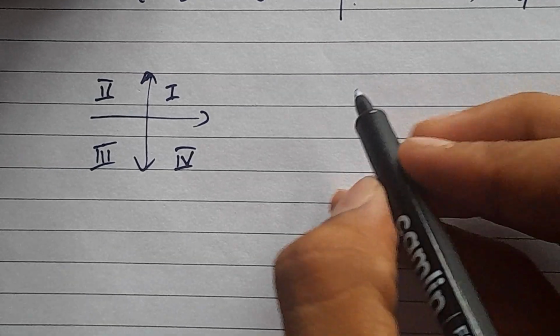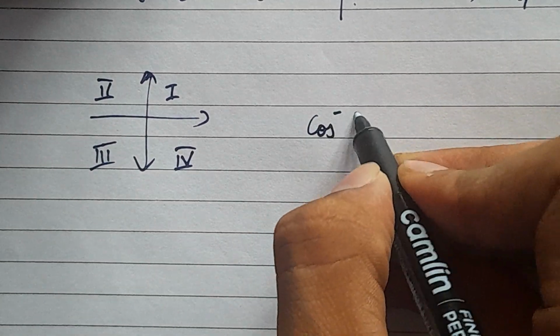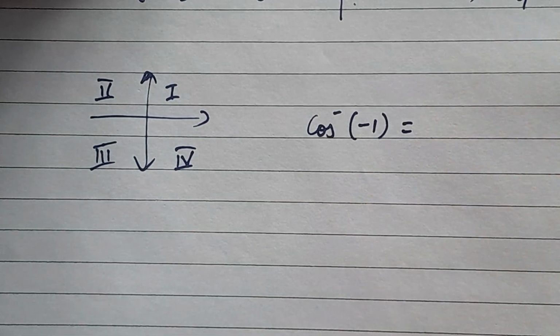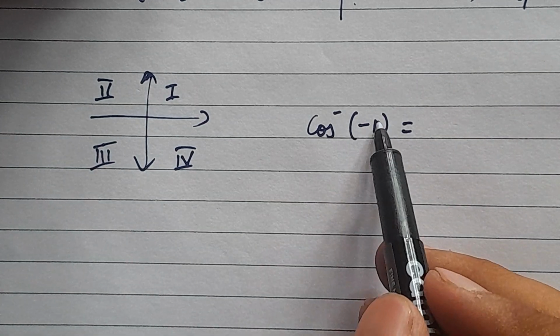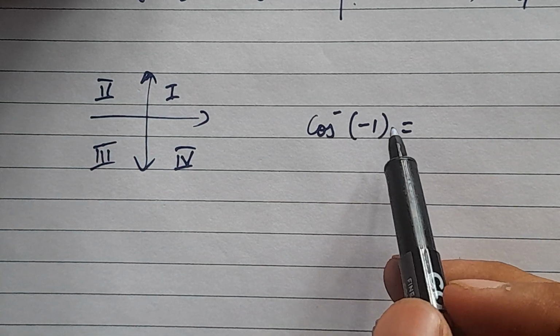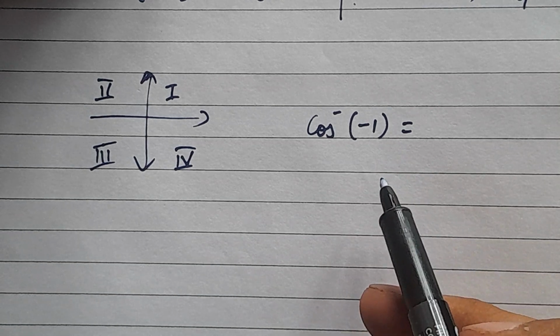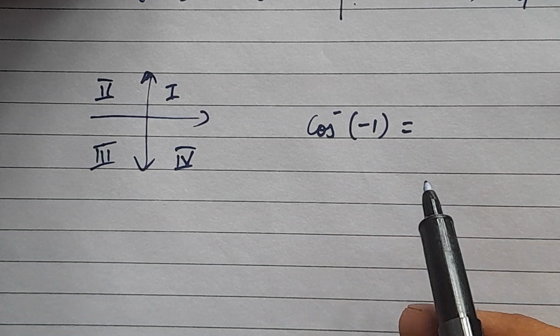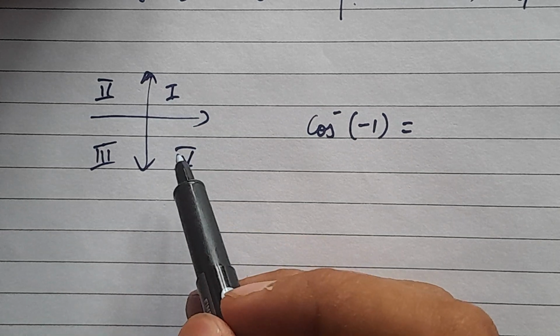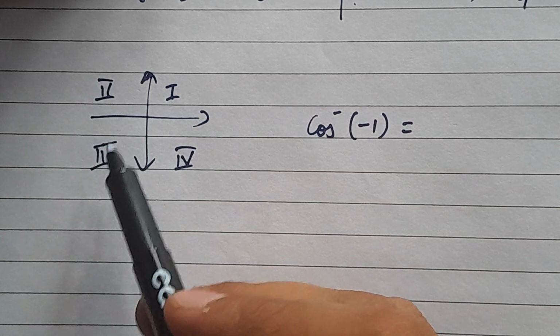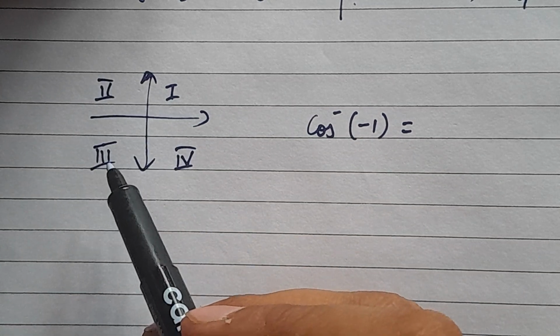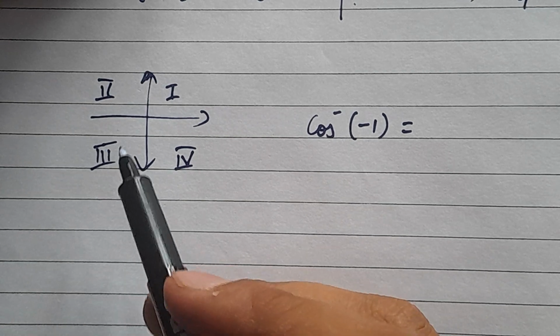So if I ask you what is the value of cos inverse minus 1, then it is lying in the second quadrant or third quadrant, because in the first and fourth quadrant cos value is positive. As we know, cos inverse 1 is 0 degree.